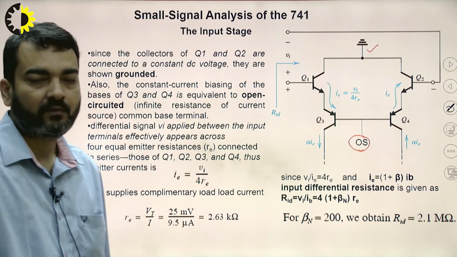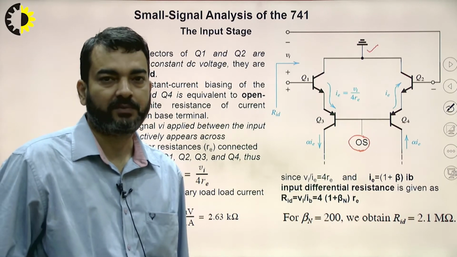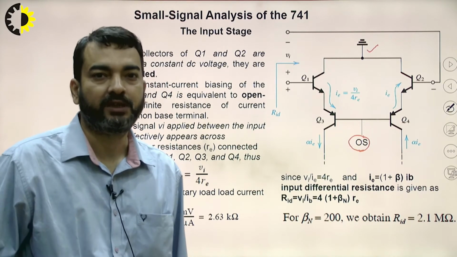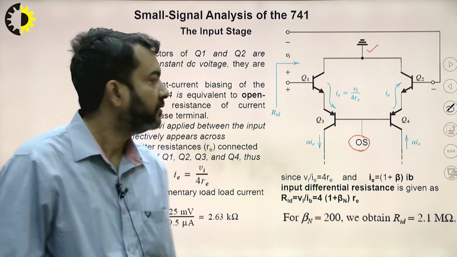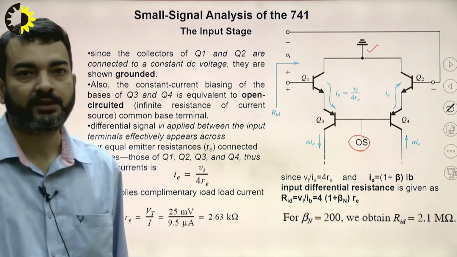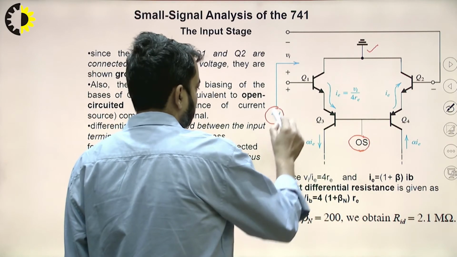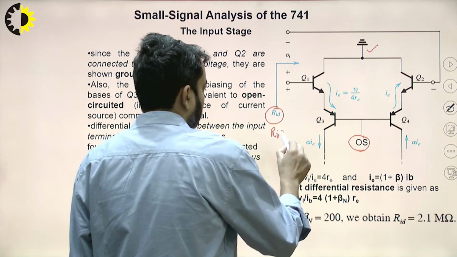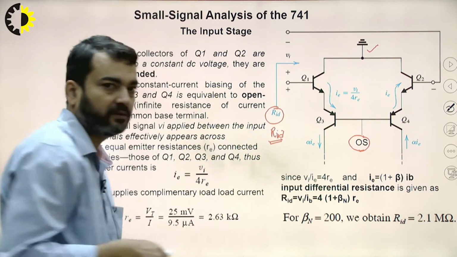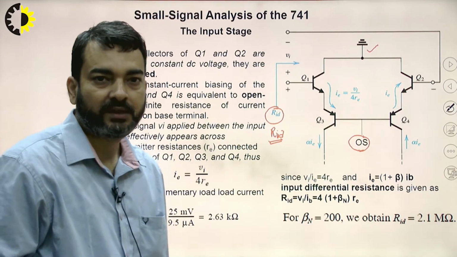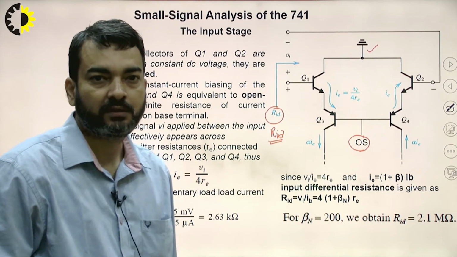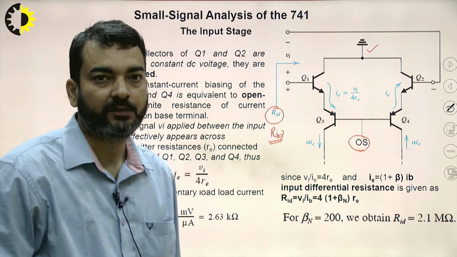And then one important parameter of the op-amp, known as input impedance RID, we have calculated with the help of the input stage, by the AC analysis of the first stage.